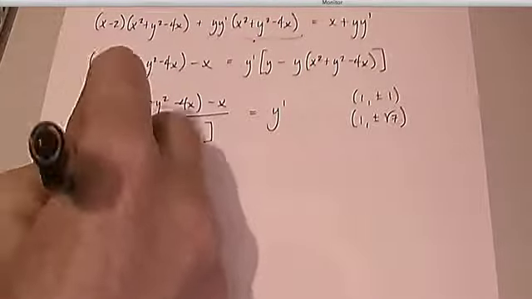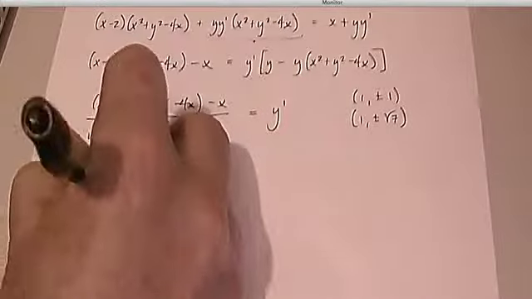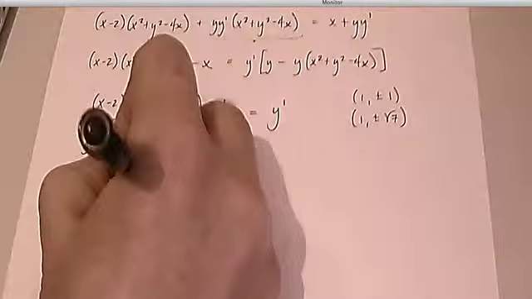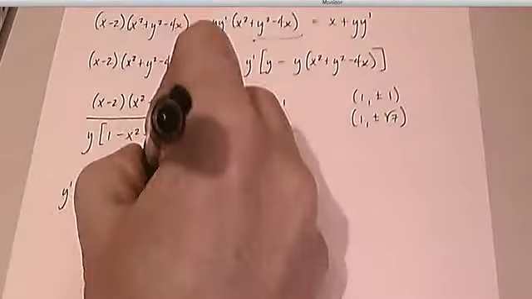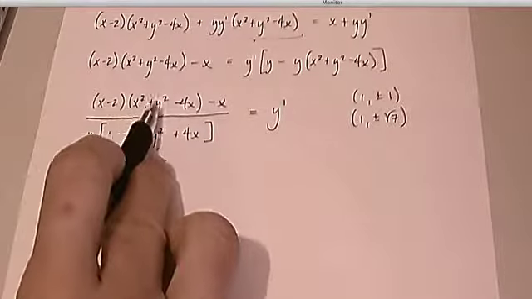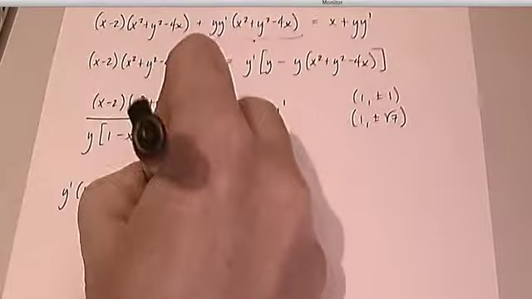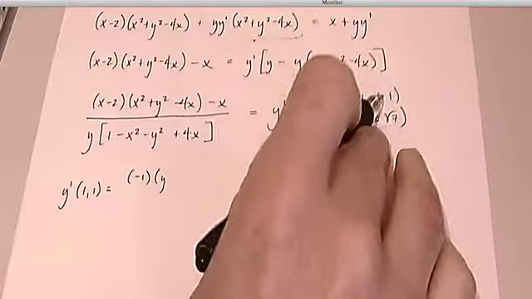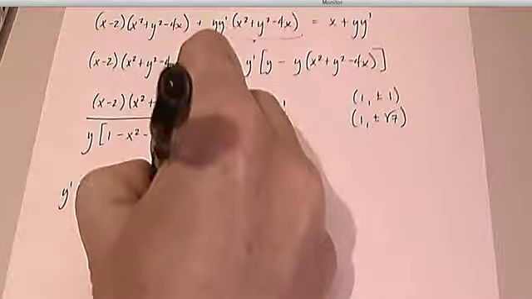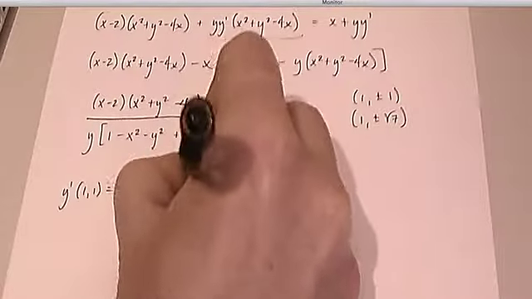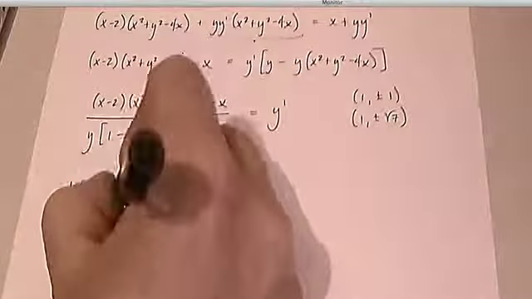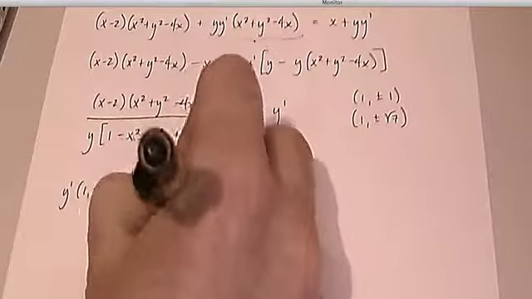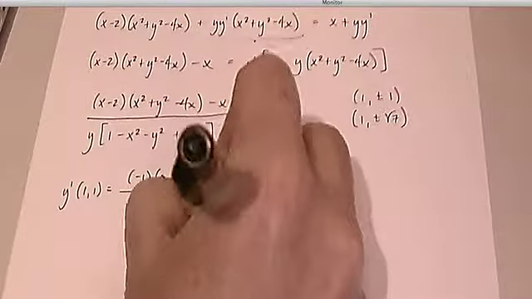So let's go ahead and evaluate this at 1, 1. Okay, so that gives me negative 1 when I plug it in for x minus 2. And that gives me 1 plus y squared minus 4, or let's go ahead and plug in the 1 for the y as well. So I get 1 plus 1 minus 4 minus 1, all of that over 1 times 1 minus 1 minus 1 plus 4.